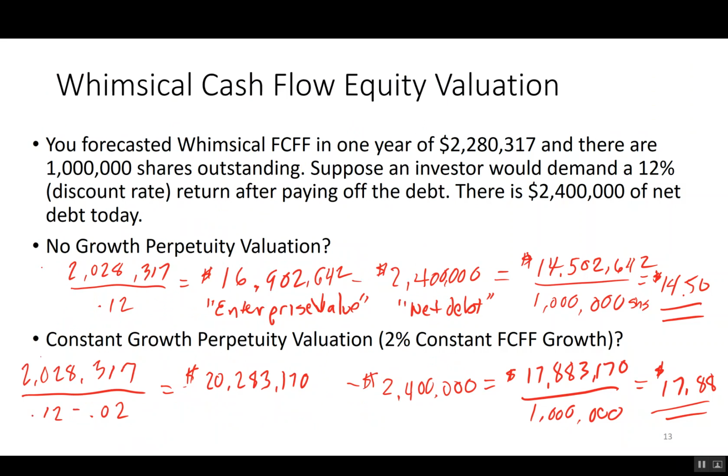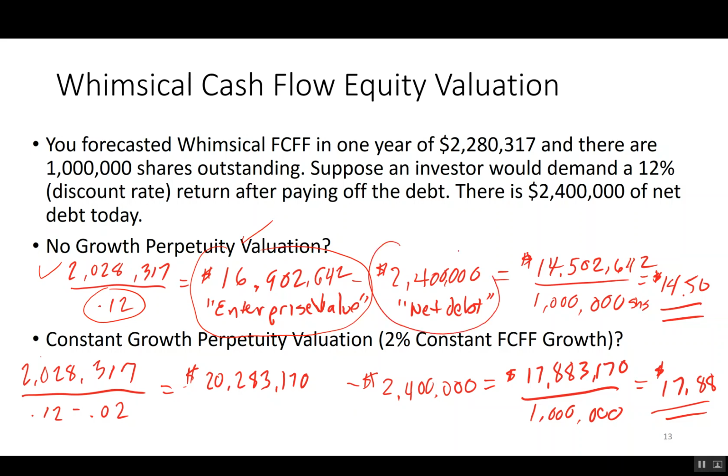So if I take my $2 million next year of free cash flows, and I assume that that's going to be a no-growth perpetuity, that Whimsical is going to pay me $2,028,000 per year starting in 1 year forever, and say I demand a 12% return for that risky series of cash flows, the total value of the assets of Whimsical, its ability to generate profits and cash flows, is $16.9 million. The present value of $2 million at 12% forever.